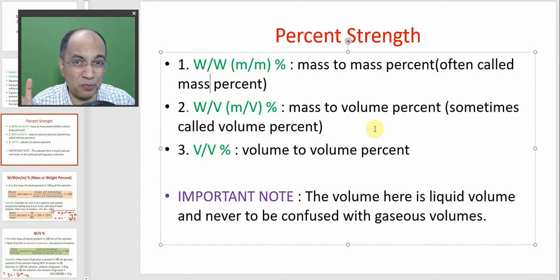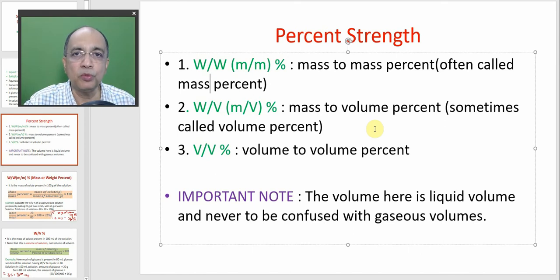You must first distinguish between what kind of volume you are dealing with. The volume data that you will find in a numerical, what kind of volume data is it? Is it a liquid solution data or a gaseous mixture data or gaseous volume data? Because the approach will be completely different.